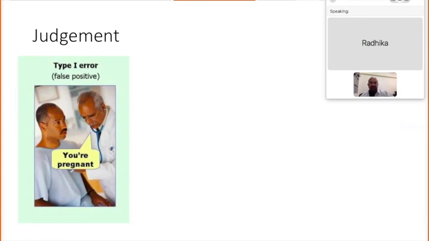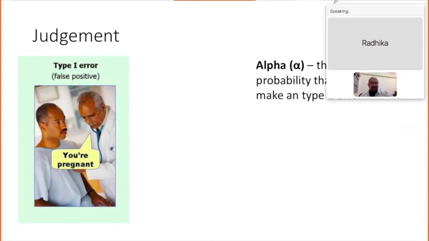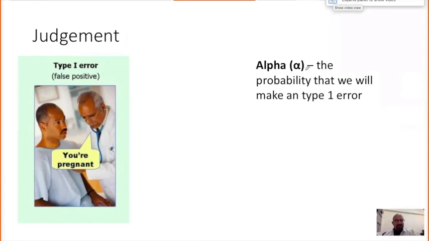The test says that he's pregnant, but obviously he can't be pregnant. So that's a false positive, which is a type 1 error. And alpha is the probability that we will make a type 1 error. And we always ask for alpha and beta when they ask you to calculate sample size. So alpha is nothing else but the probability that we will be making a type 1 error.